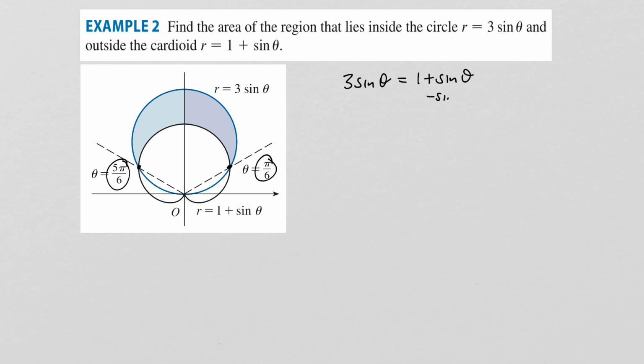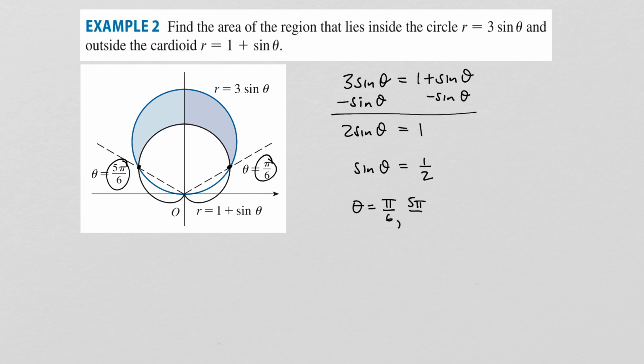And then we solve this equation by subtracting sine of theta from both sides. This gives us 2 sine of theta is equal to 1. Dividing by 2 gives us sine of theta is equal to 1/2. And from here, we know that sine is 1/2 at pi over 6 and 5 pi over 6. These are considered fundamental values that we should know.